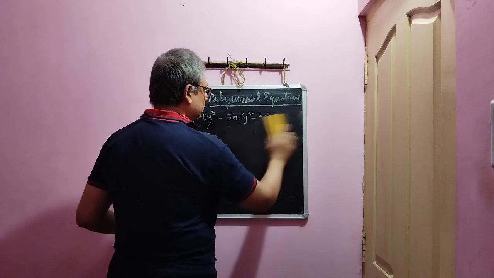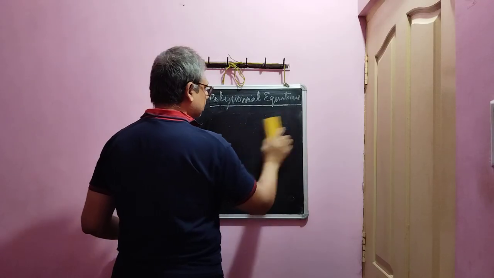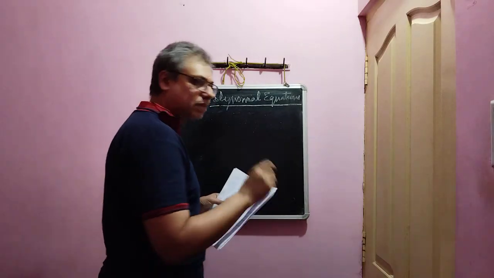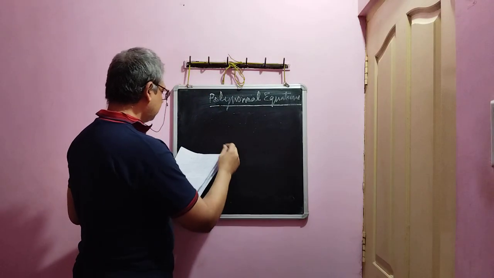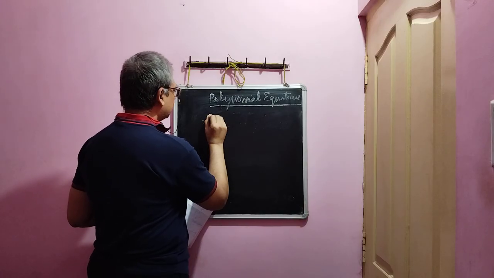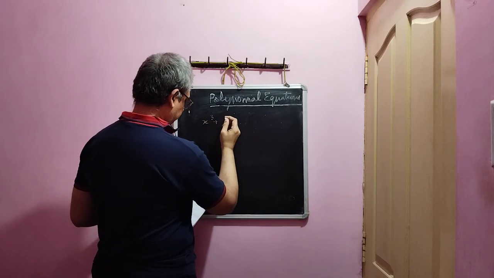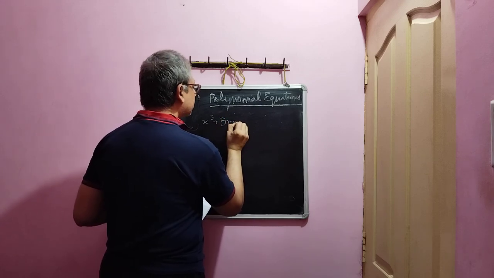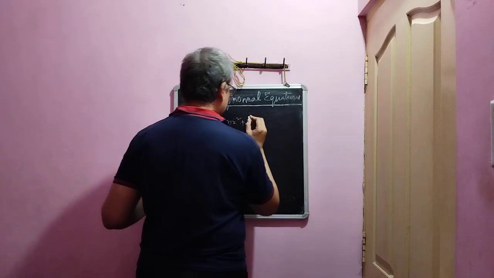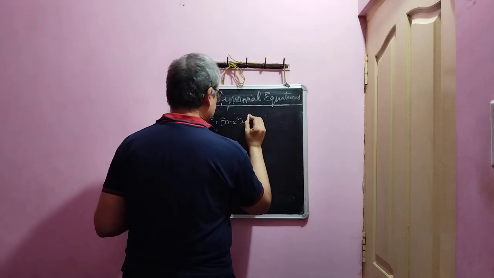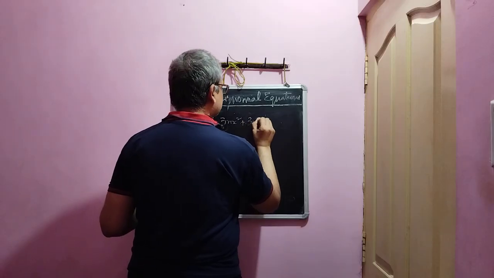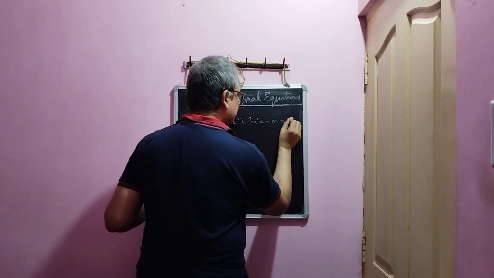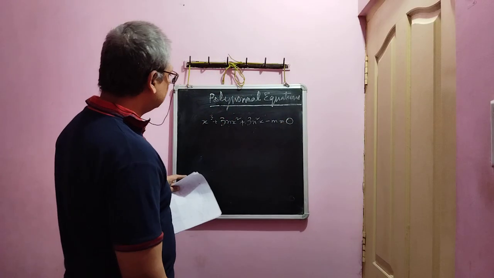Now let us look at that original equation again and compare it with a general cubic equation so that we can just equate the coefficients. This method is based only on that. The original equation was x cubed plus 3n x square plus 3n square x minus m is equal to 0. Right?